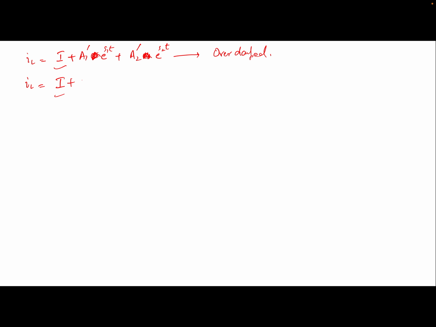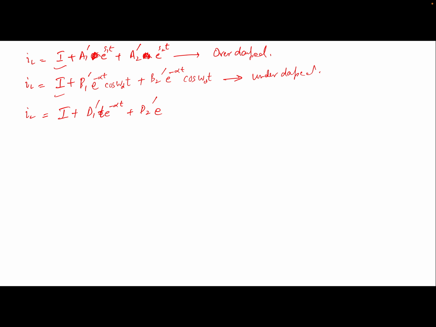And the rest of the function is going to remain very similar if you actually compare: B1 dash e raised to power minus alpha t cos of omega dt plus B2 dash e raised to power minus alpha t sin of omega dt. This is for underdamped. And the third one is capital I plus d1 prime t times e raised to power minus alpha t plus d2 prime e raised to power minus alpha t, and this is for critically damped.